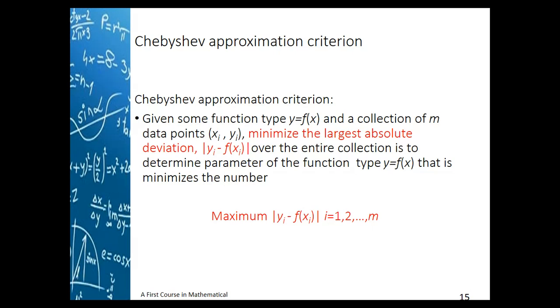One by one, you find the largest deviation, and then you minimize the largest absolute deviation that you have. What does absolute mean? It doesn't matter if your point is above the line or below the line.